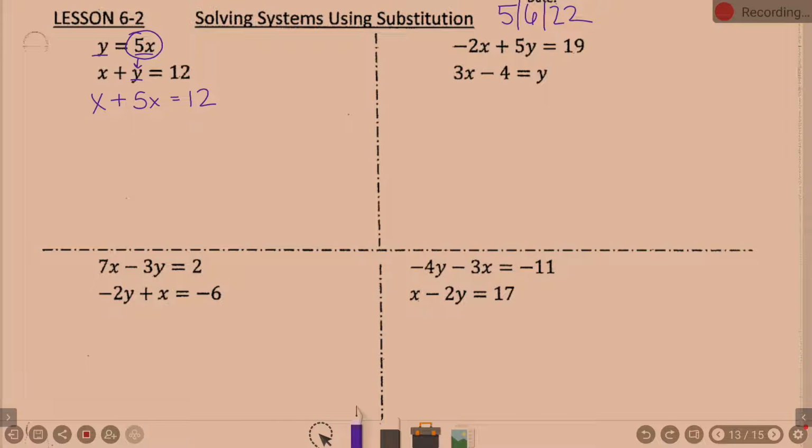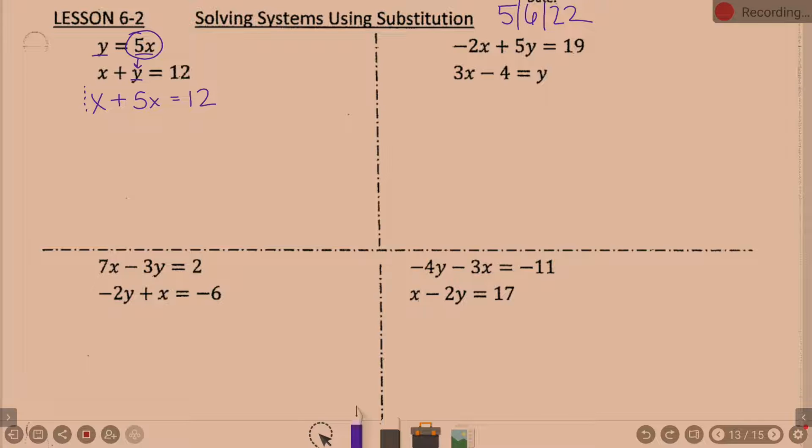Once you substitute that in, you're solving the equation. What do you know about x plus 5x? They both have x. Can we add x plus 5x? What is x plus 5x? Add them, not multiply them. 6x. What's the invisible number in front of x? 1.